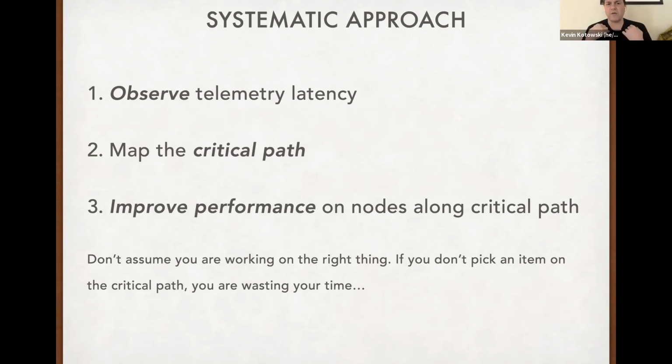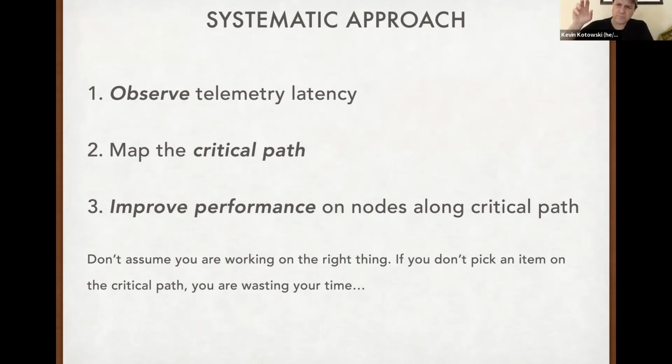So now what we're going to talk about is how we actually apply this to systems or code that we're working on. I want to give you a systematic approach that's based on queuing theory and critical path, as opposed to what I way too often see with folks, where they're just guessing.